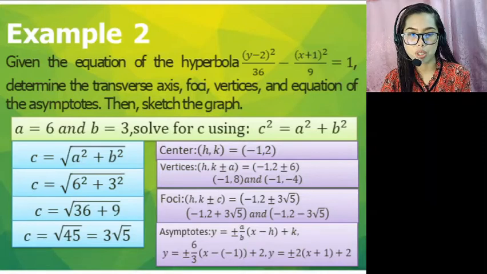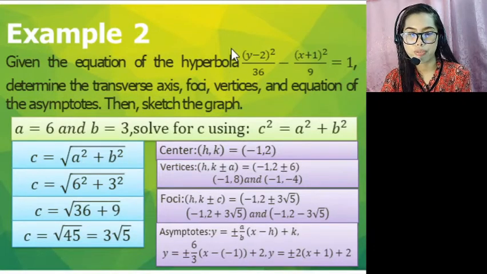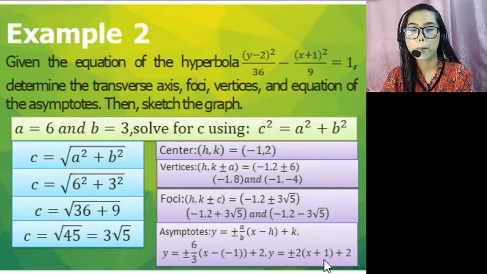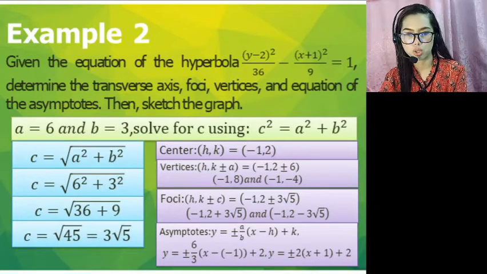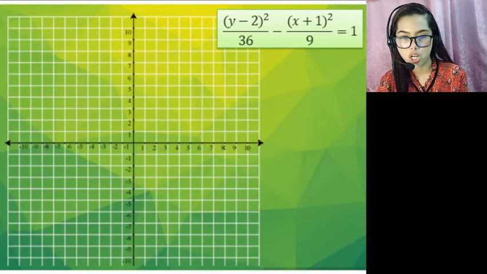And our asymptotes: again, since our positive value falls under y, our asymptotes will be a over b. So it is y = ±2(x + 1) + 2. Now we're going to graph our equation.